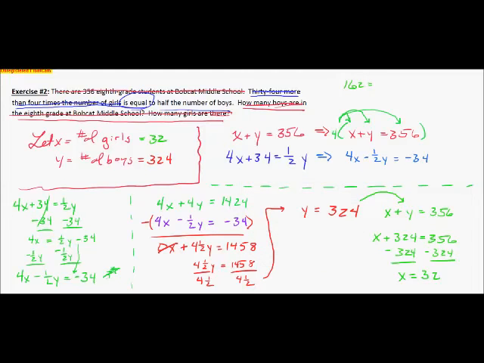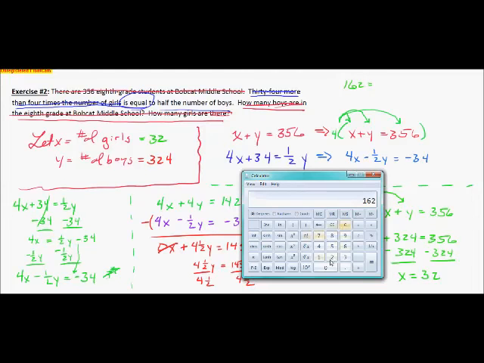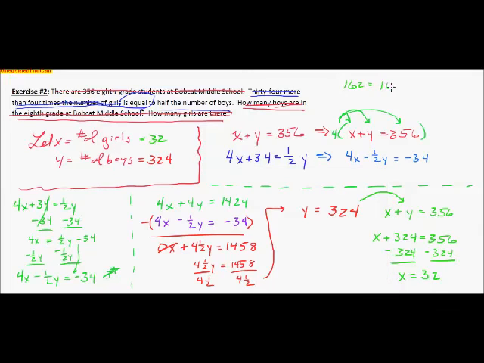And if I were to take half of 324, that also gets to be 162. So it looks like that is quite a difference in girls and boys, but it does work out. It does follow this equation and provide a solution for that. Okay? Alright, one more to go.